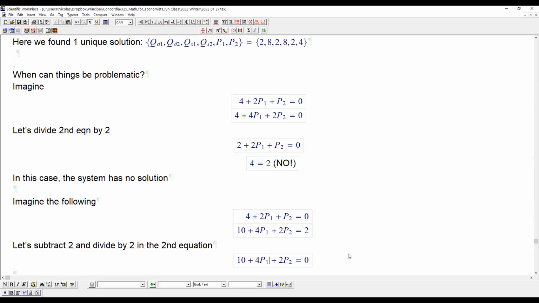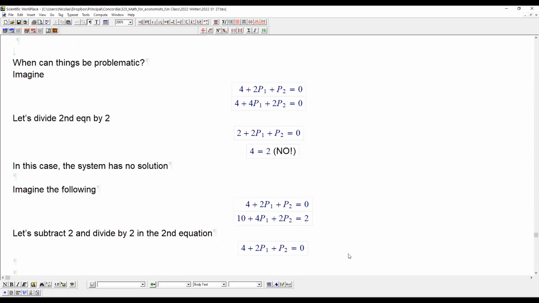I get 0 here and 8 here. And then I divide by 2. So I get 4 equals 2P1 plus P2 equals 0. So how many solutions for this system? Where the first one is 4P1 plus 4 plus 2P1 plus P2 equals 0, and the second 4 plus 2P1 plus P2 equals 0.